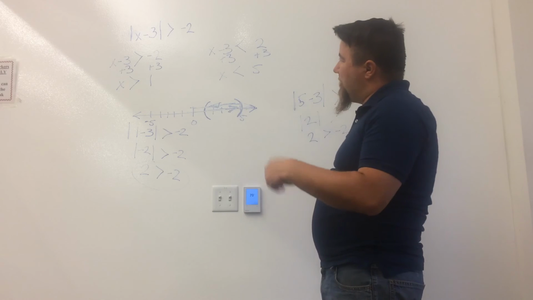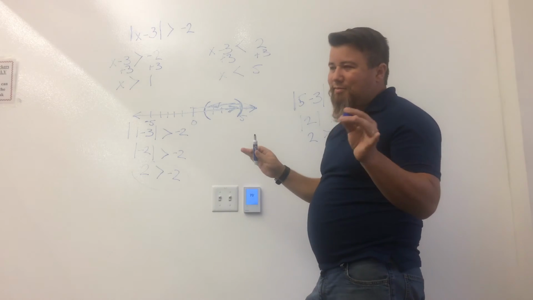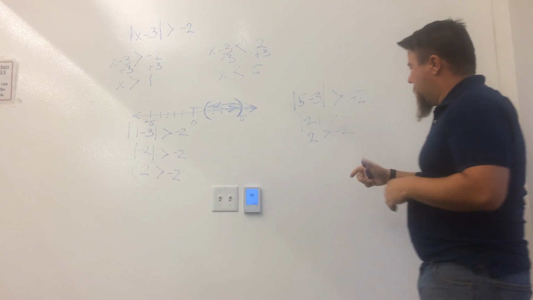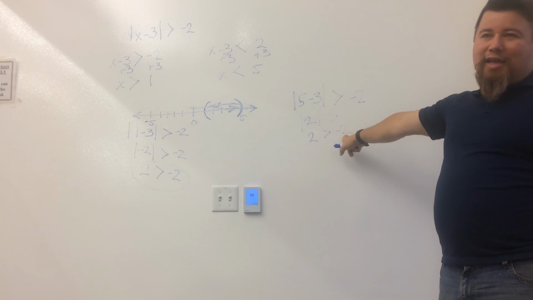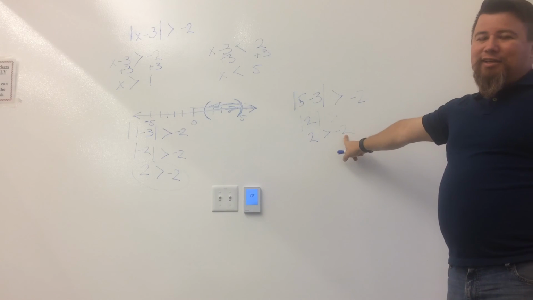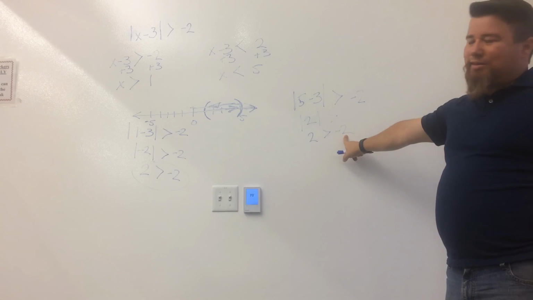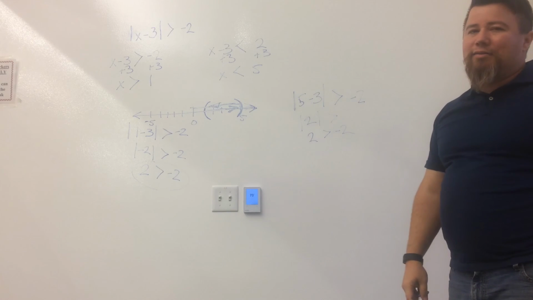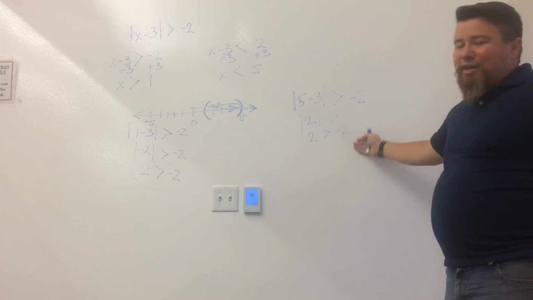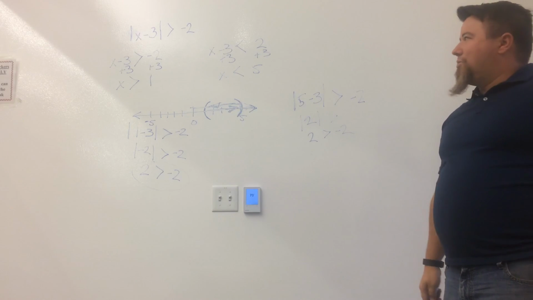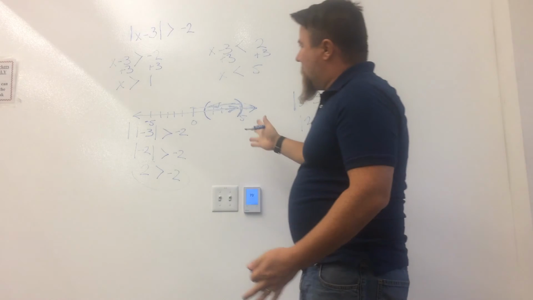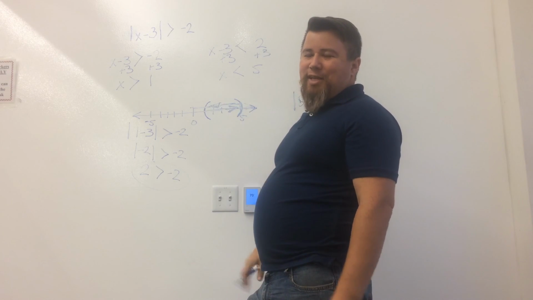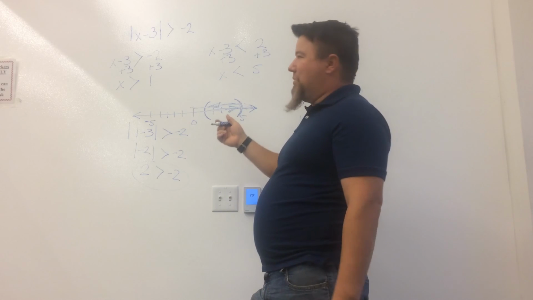And you can put any number in there. It doesn't matter what number you put in there. It's always going to be greater than a negative. Any negative whatsoever. An absolute value is always going to be greater than a negative. And so in this case it's negative 2, and that's it. So all of the answers, everything is what the answer is.